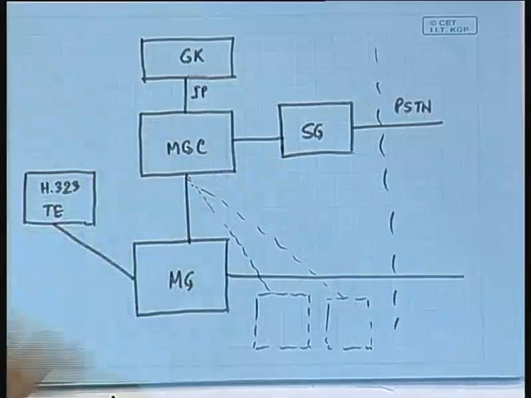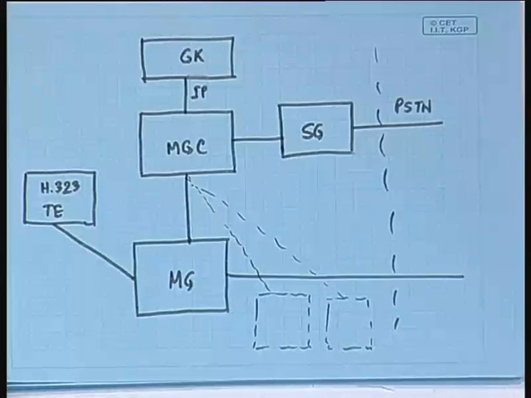So if in the middle of the call there is any failure of the MGC which is handling the call, in that case, because the gatekeeper already has the information about the call history, that call setup, and it knows who is the source, who is the destination, there can be a failover transfer, means immediately on detection of this failure, which the GK will be able to do, because GK is monitoring this MGC.